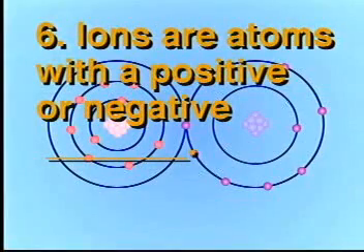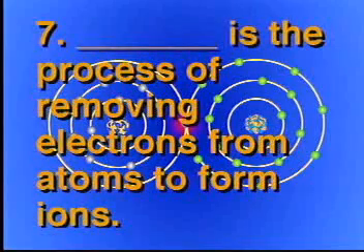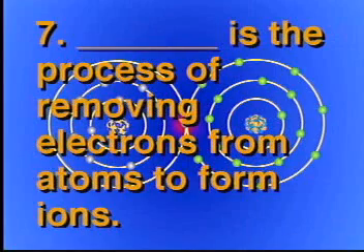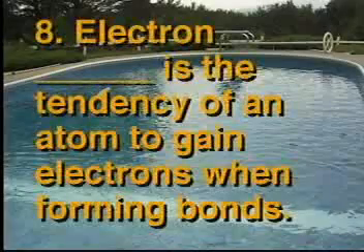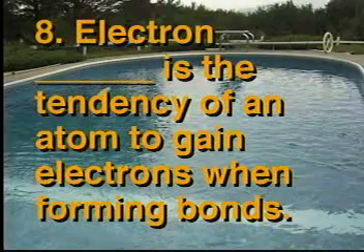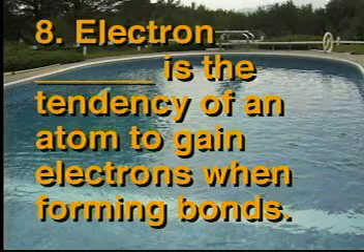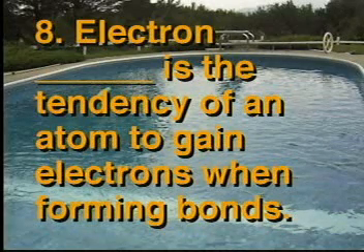Ions are atoms with positive or negative charges. Number 7. Ionization is the process of removing electrons from atoms to form ions. Number 8. Electron affinity is the tendency of an atom to gain electrons when forming bonds.